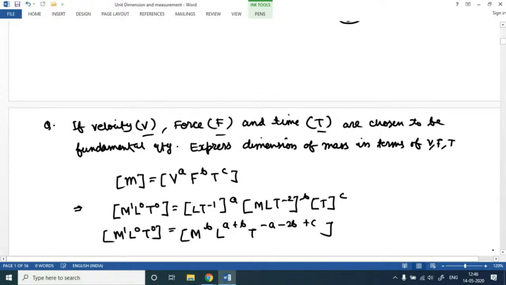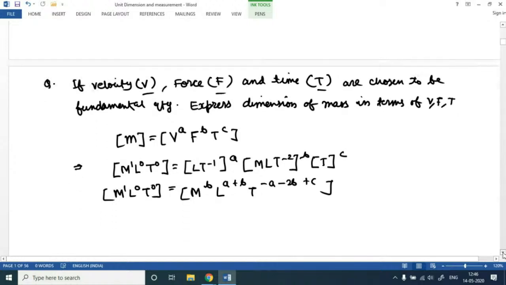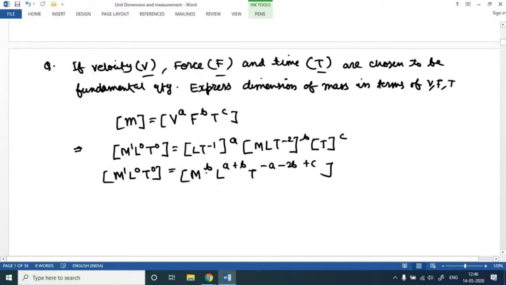Comparing exponents, the exponent of M is b and here it is 1, so b is definitely equal to 1. Exponent of L, a plus b, is equal to 0, and the value of b we already know, so from here we get the value of a as minus 1.